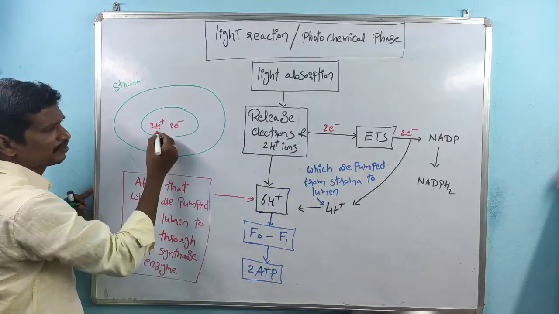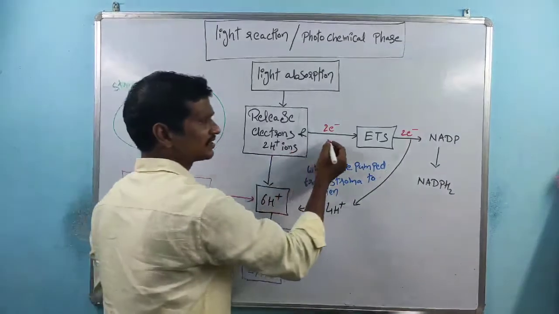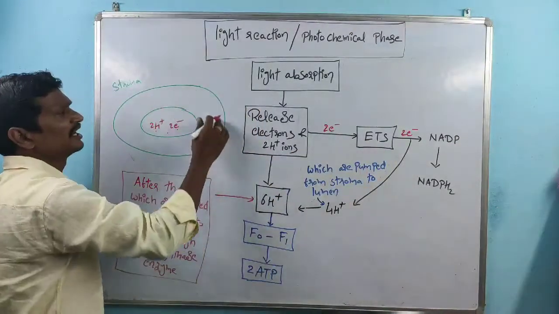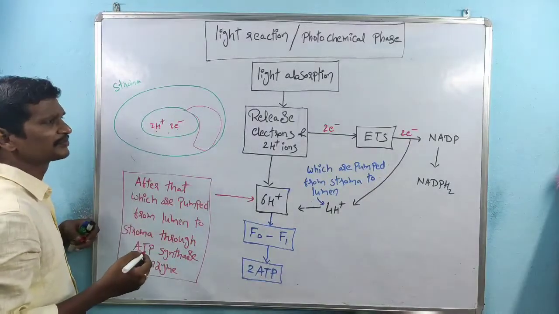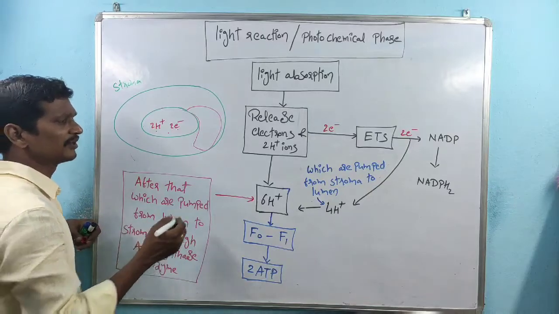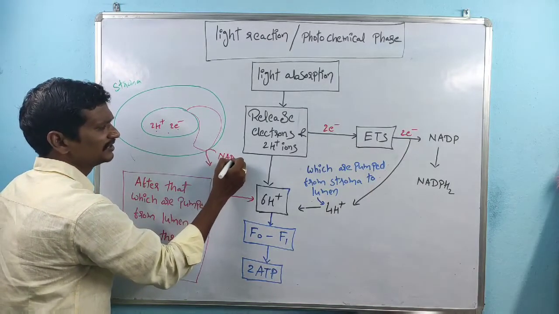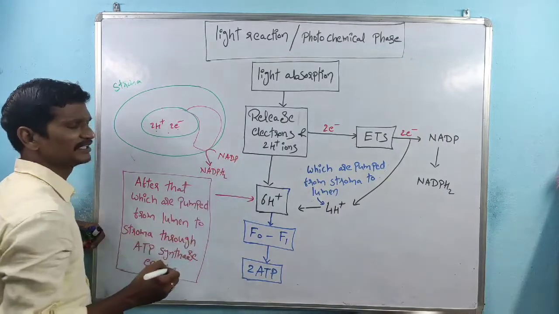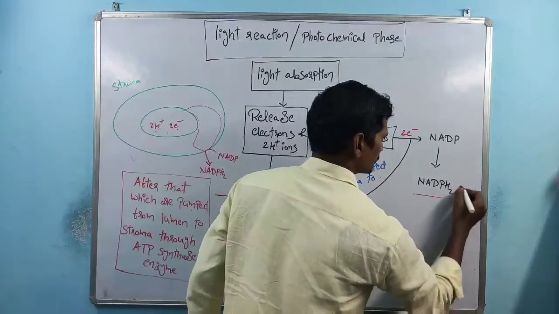These electrons are transported through the electron transport chain, which is involved in the transfer of electrons. Finally, NADP is converted into NADPH2, so NADPH2 production takes place.